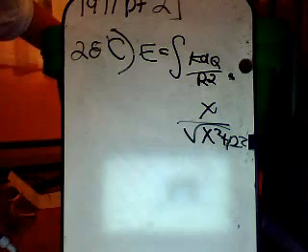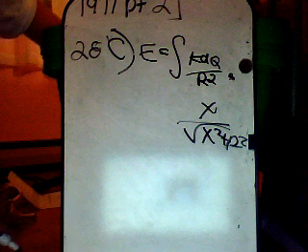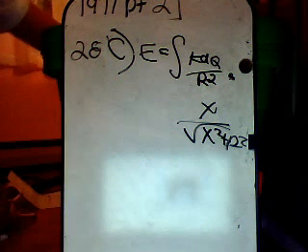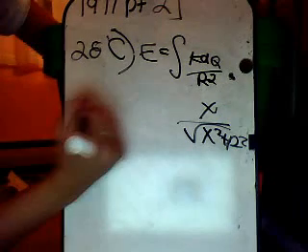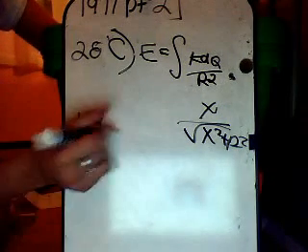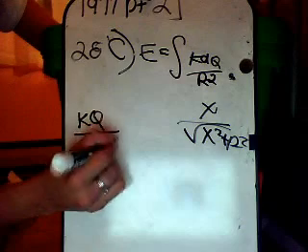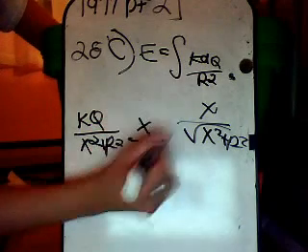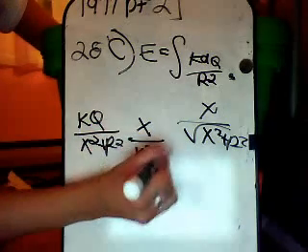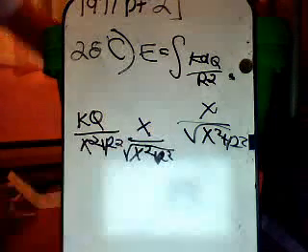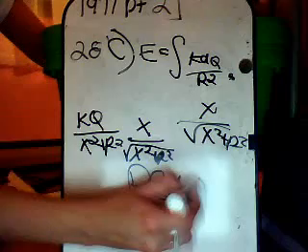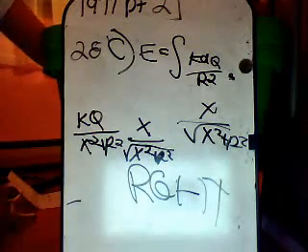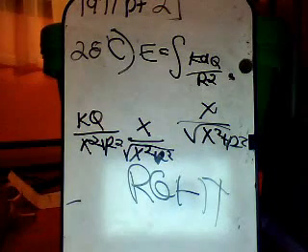And when you integrate all that out, it becomes KQ over X squared plus R squared times X over the root of X squared plus R squared. And that is your magnitude, and it's to the right, because any positive charge will get pushed to the right, or to the positive direction.